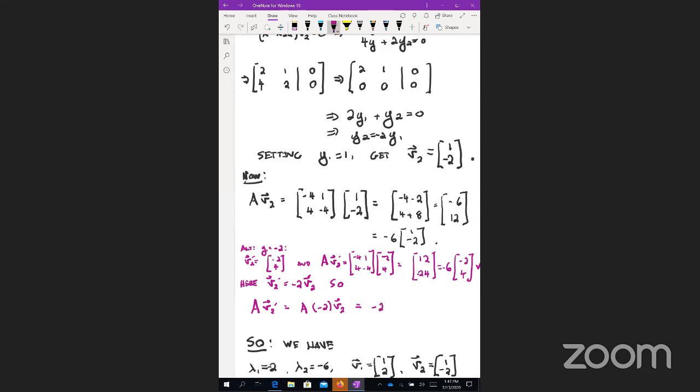This is minus 2 times A v2, or minus 2 times minus 6 v2. We're combining this, minus 6 times v2 prime. So indeed, any scalar multiple of an eigenvector is also an eigenvector.